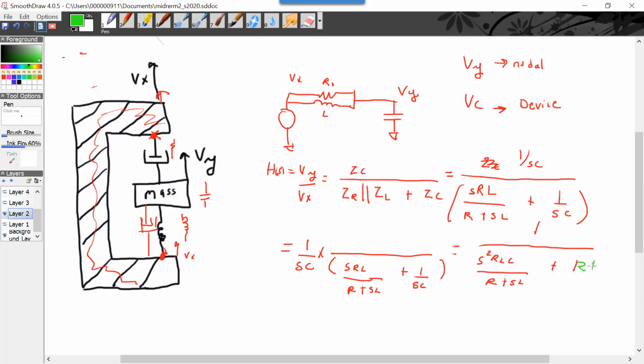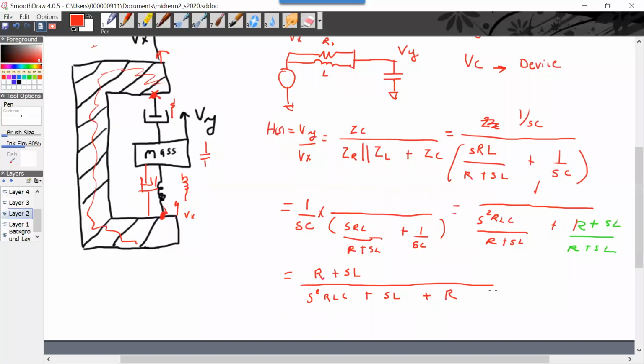Now it's true you could find out whether it's over, critically, or under damped from right here, but it is better to pull everything out.